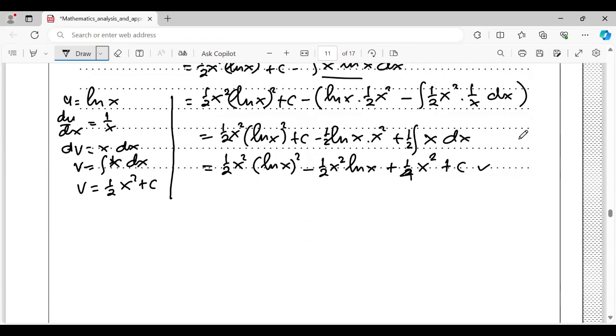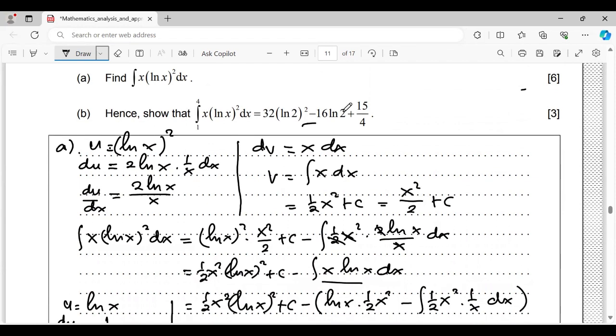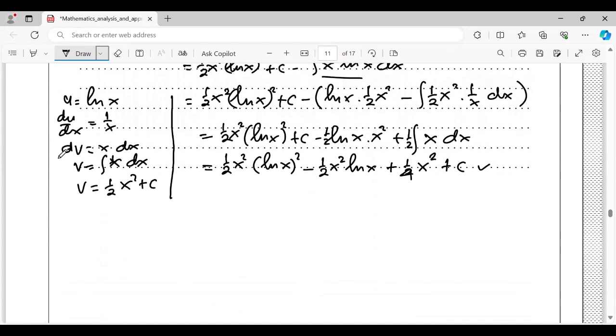Okay, this is the integral. Next, show that integral 1 to 4 of x (ln x) squared dx equals this expression: 32 (ln 2) squared minus 16 ln 2 plus 15 over 4. Okay.